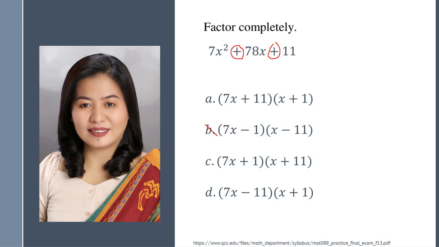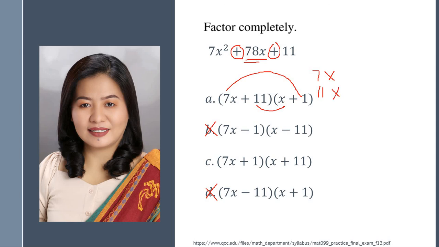Next we check the middle term. 7 times 1 is 7x, and 11 times x is 11x, and it will not give us 78x.